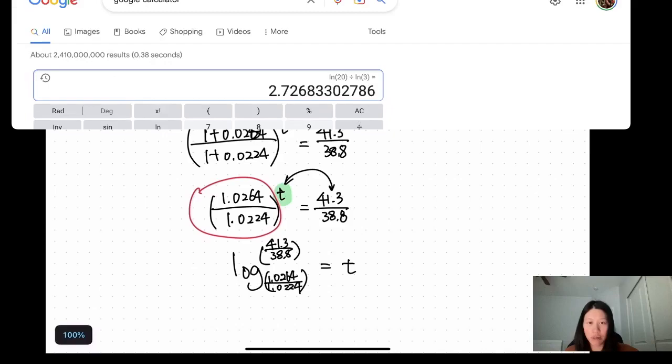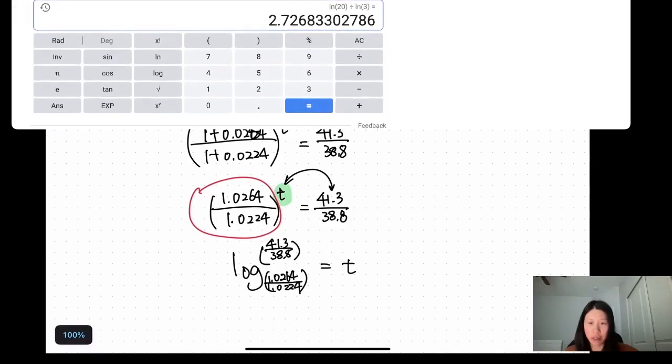So now let me show you the calculator. In the calculator, we have what? 41.3 divided by 13.8. So on the top is log 1.06443.